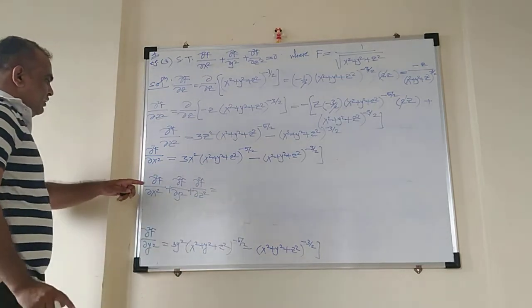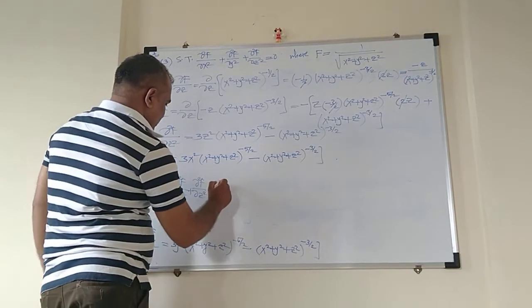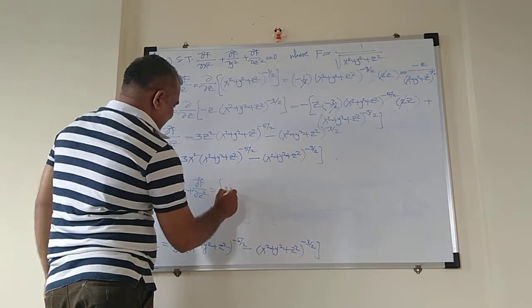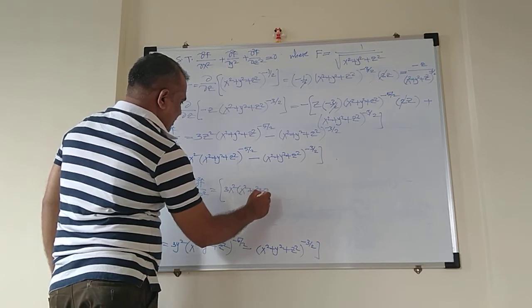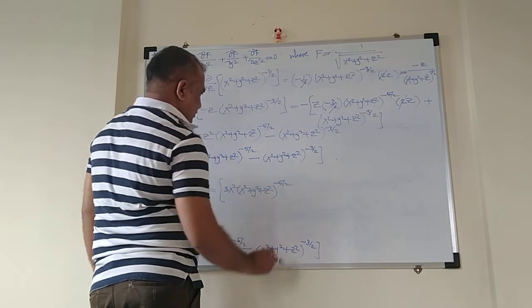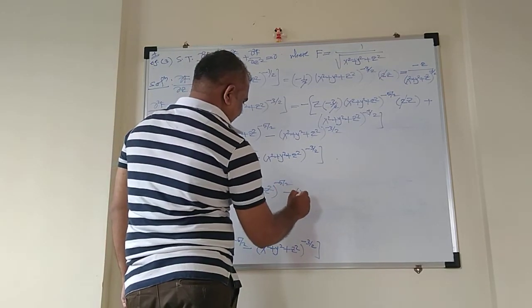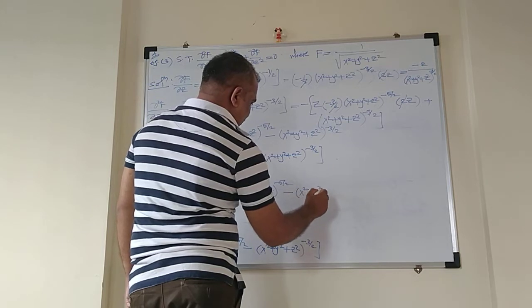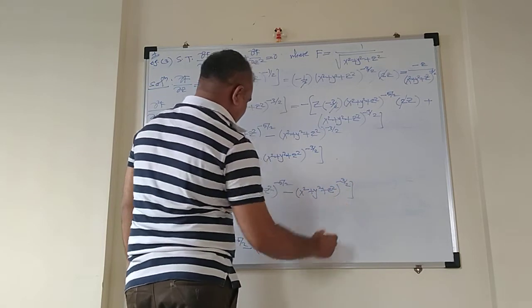This is equals to, now put the value of dou 2f by dou x square. This is nothing but this. So this is equals to 3x square into (x square plus y square plus z square) raised to power minus 5 by 2, minus (x square plus y square plus z square) raised to power minus 3 by 2.